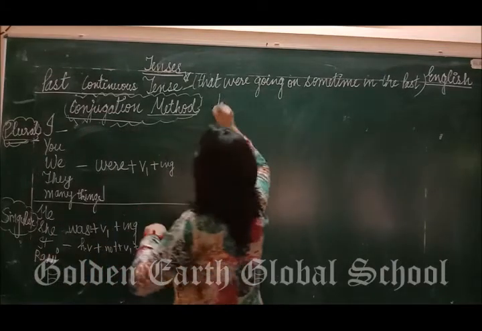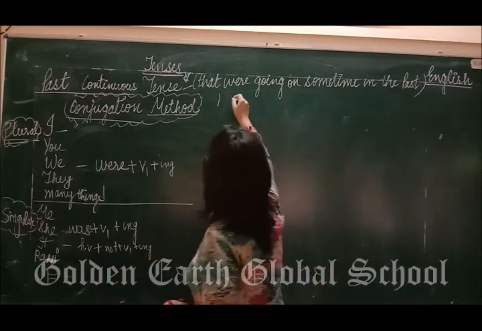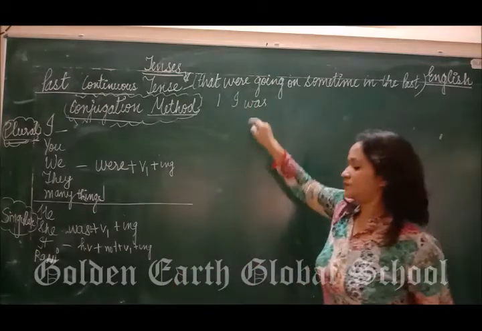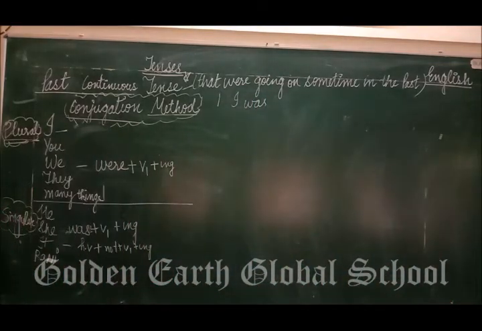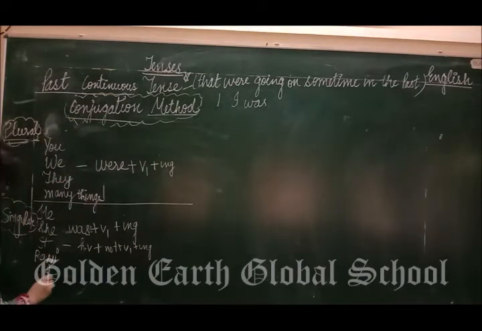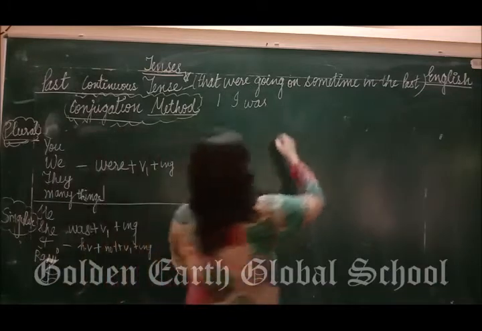So, let's start with the sentences. With I we use was. Here we use I here. I was.